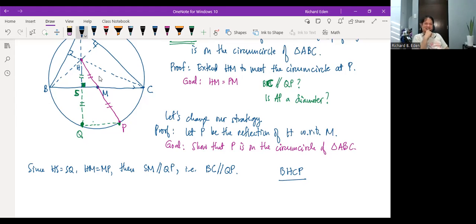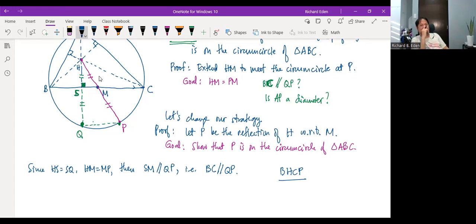I think it's a cyclic. It's a tangential cyclic. It's a concentric quadrilateral. Okay. Ayun, parallelogram. Oh, sige. So, actually, yes, it's a parallelogram.